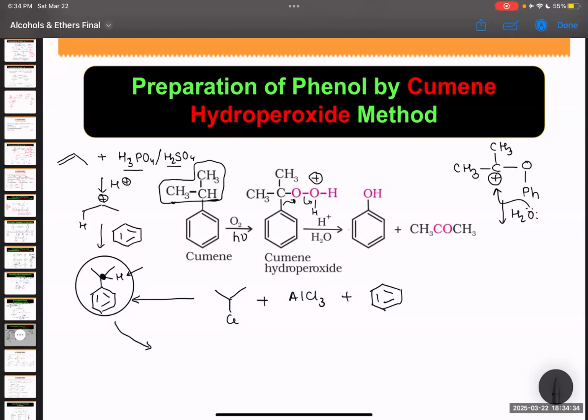And you get this CH3, CH3, OPh, OH, and this is unstable. There are two oxygens on one carbon. It is unstable. So what you get, this OPh comes out, H plus comes out, and you end up with acetone and phenol.